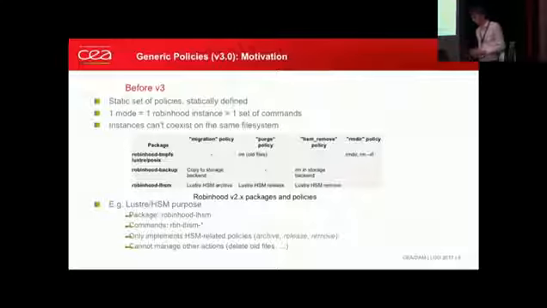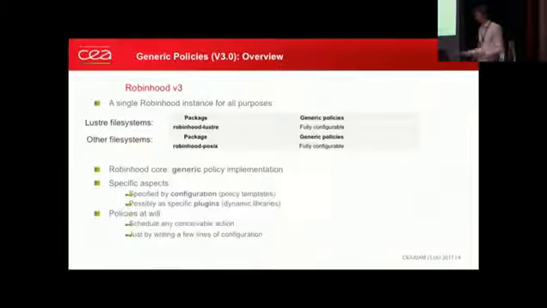And the big problem with that is that it was also not possible to have one instance doing both HSM and temporary file system management. This is all gone with Robinhood v3. Everything's now generic. There is only a single package, and all policies are configurable and can run together on a unique instance if you need.